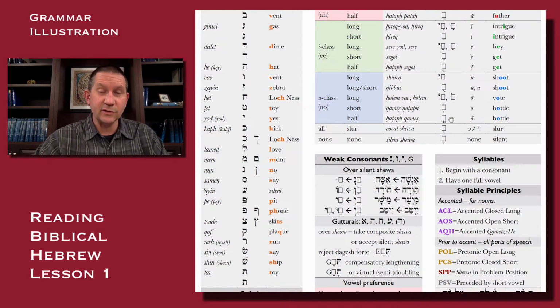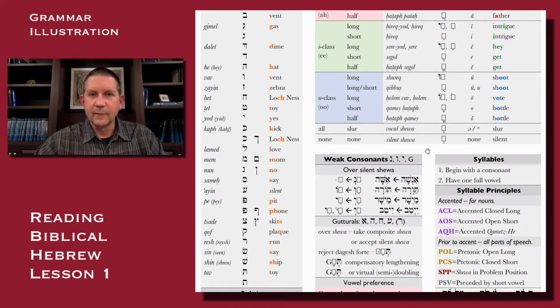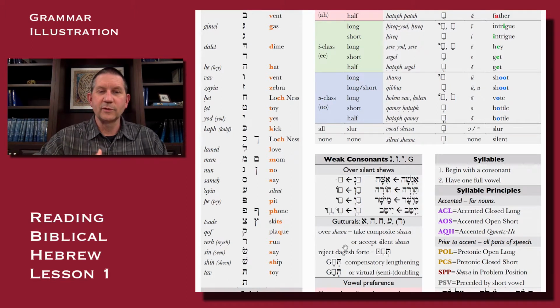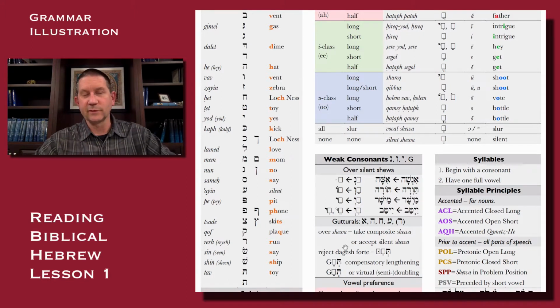They're called composite shavas because it's a composite of the short vowel and the shava, or sometimes they're just called chataf vowels. So most of our weak consonant behaviors are some letter over shava, and we just want to be able to say what happens quickly, and then when we bump into it in future chapters, it'll start to make more sense what's going on.